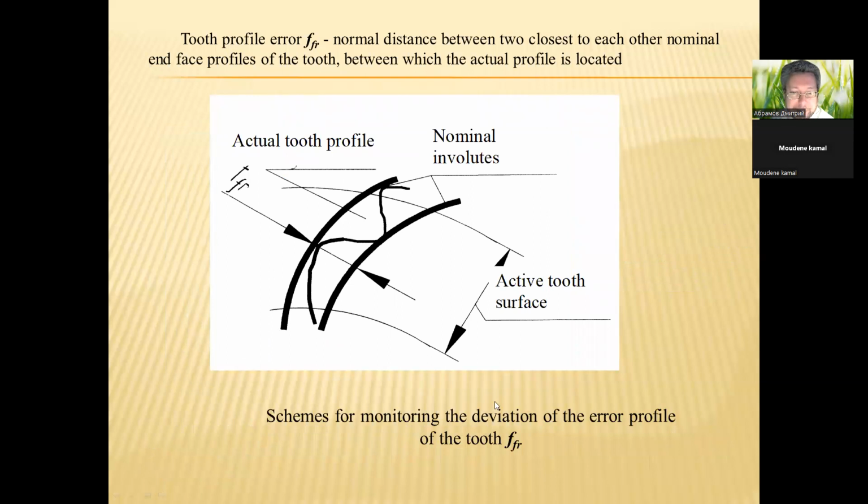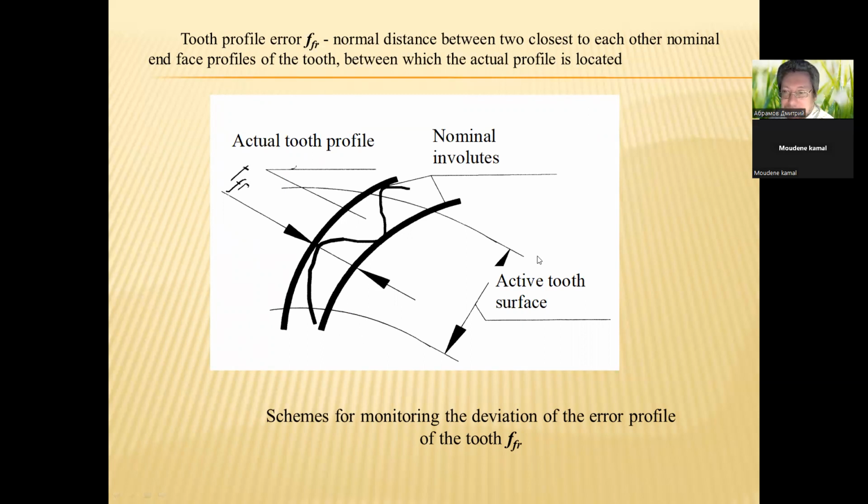And the next parameter, it's tooth profile error, F suffix FR. Nominal distance between two closest to each other nominal and face profiles of the tooth between which the actual profile is located.